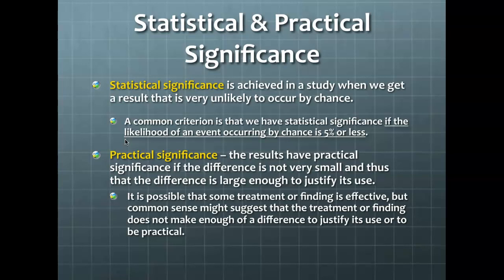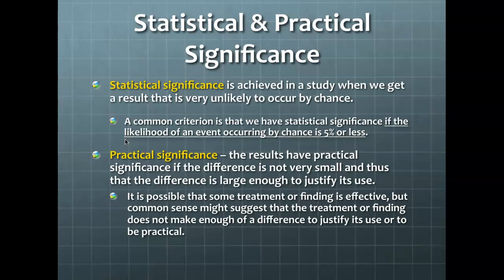A common criterion is that we have statistical significance if the likelihood of the event occurring by chance is 5% or less. Practical significance: the results have practical significance if the difference is not very small and therefore large enough to justify its use.